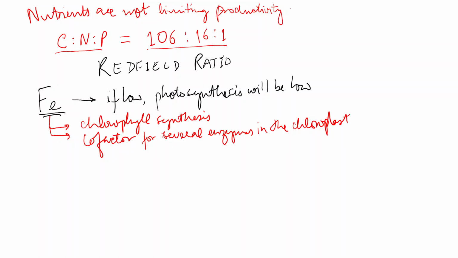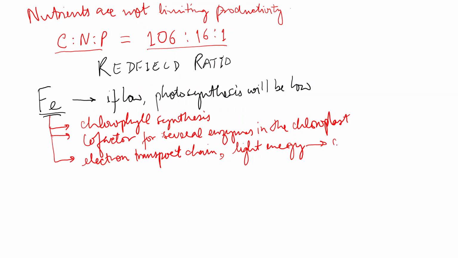Then iron is also important because it is critical for electron transport chain. And why is this chain important? Because this chain helps in the conversion of light energy to chemical energy.